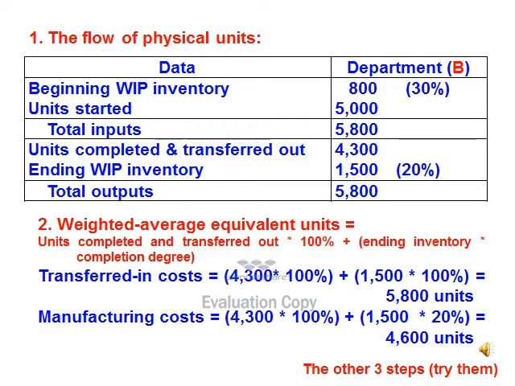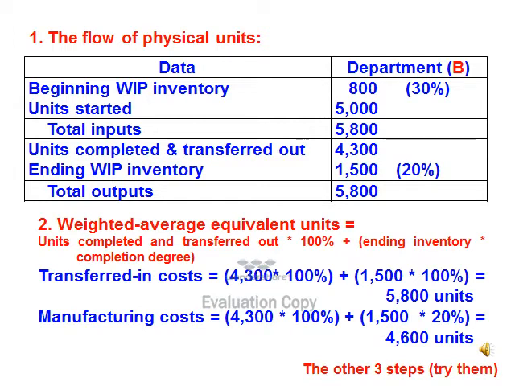The completion degree in transferred in cost must equal 100% because a unit transferred from process A to process B must be completed by 100%. So the completion degree in ending inventory equals 100%. The equivalent units equal 5,800 units.